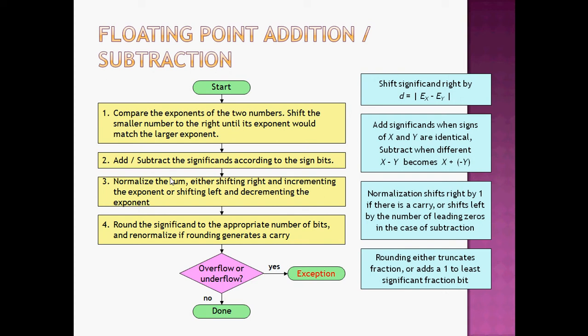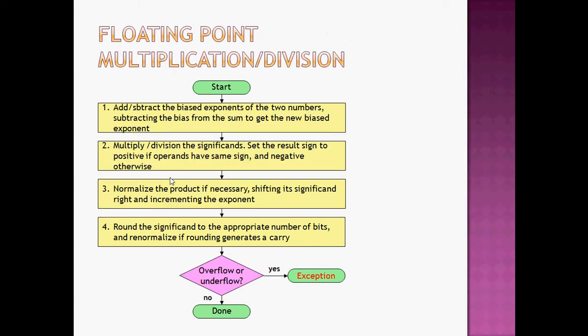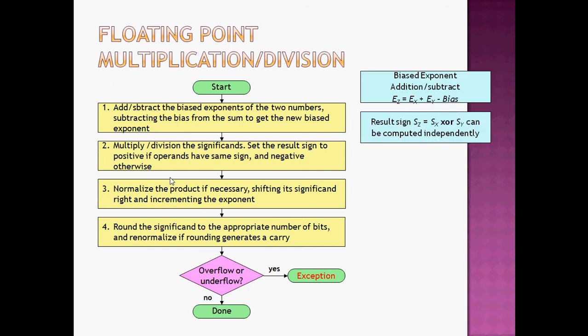Add the significands when the signs of x and y are identical. Subtract when different; x minus y becomes x plus minus y. Normalization: shift right by 1 if there is a carry, or shift left by the number of leading zeros in case of subtraction. Rounding either truncates the fraction or adds 1 to the least significant fraction bit.